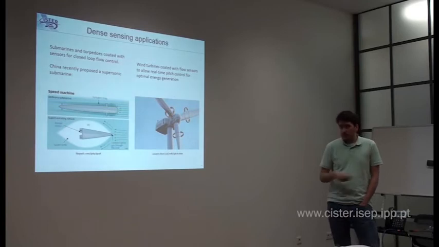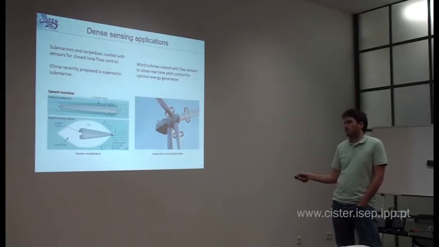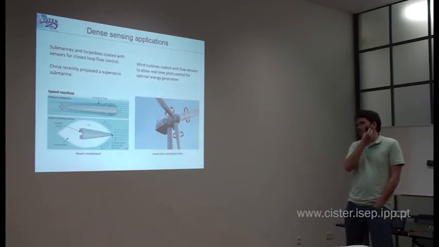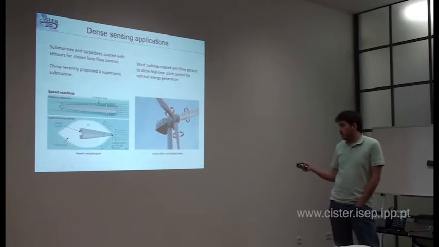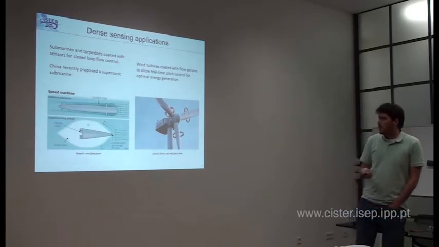A dense deployment of sensors could also be used to have feedback on what's around a submarine or a torpedo. It could also be used in wind turbines to set up the field and some parameters to increase efficiency or energy generation.